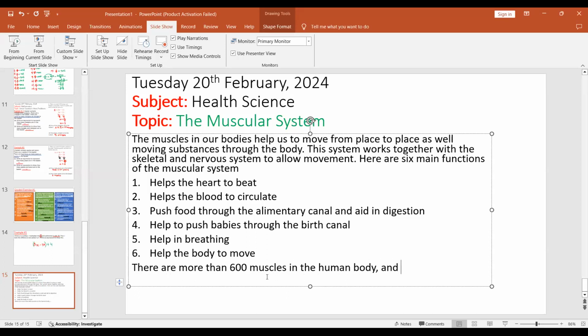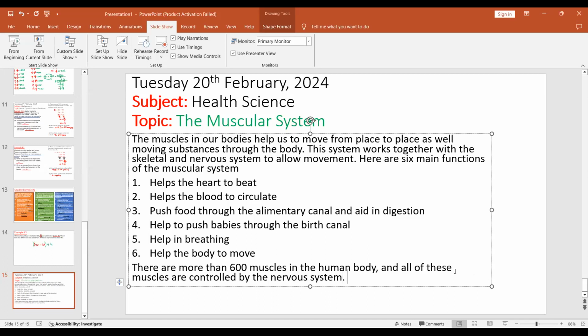And all of these muscles are controlled by what? All of these muscles are controlled by the nervous system.